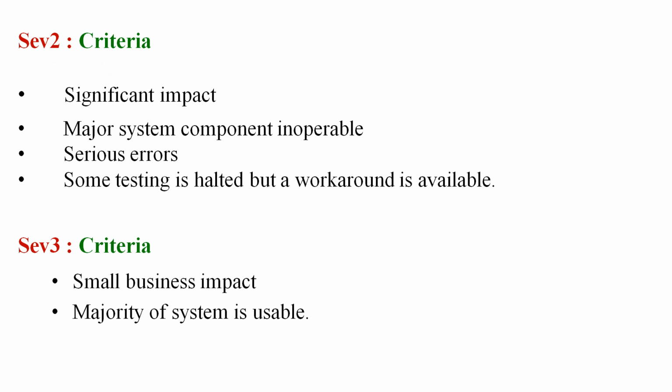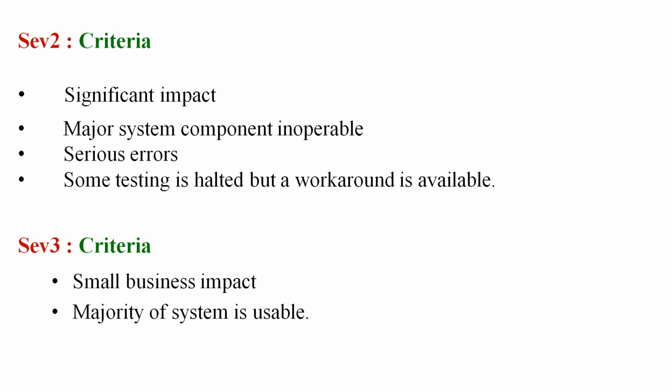Next, Sev 2. Due to the presence of the defect, there is a significant impact on the application. That is, a huge impact is there. Major system component inoperable. That means major system functionalities are inoperable.